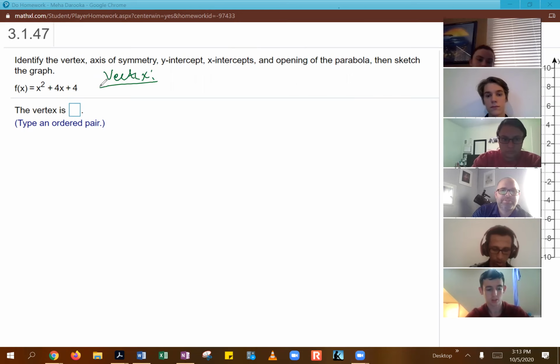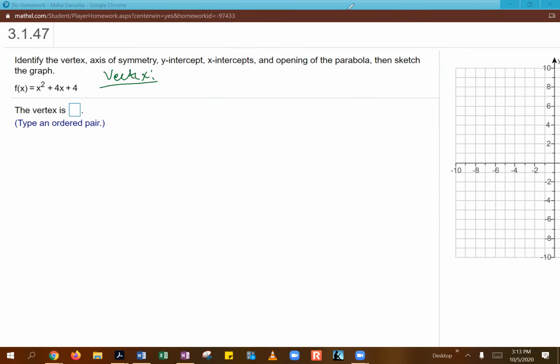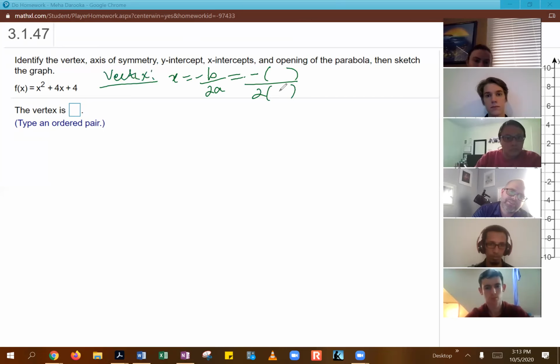Okay, James came up with negative 4 and positive 4, so let's verify that. Start with x equals negative b over 2a. So that's negative... What's our b value over here? Yeah, and a?